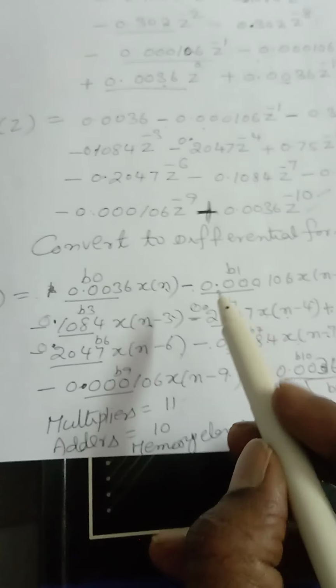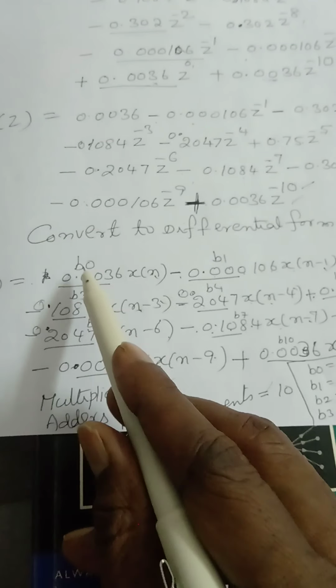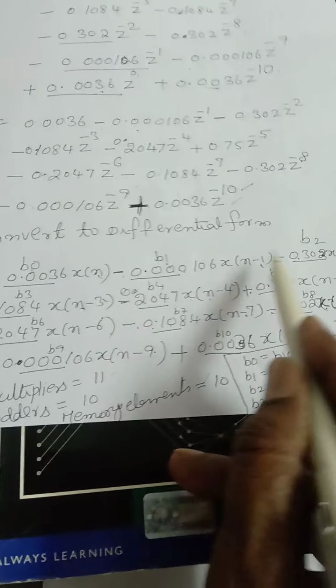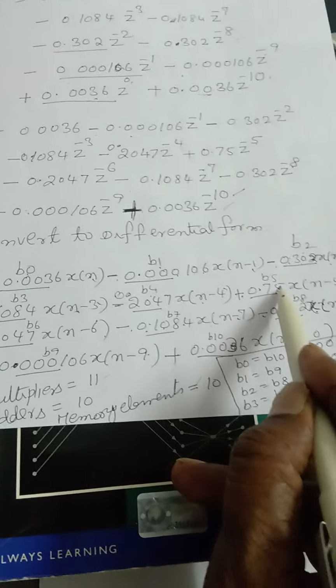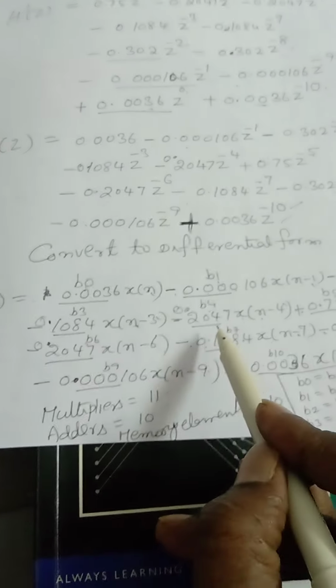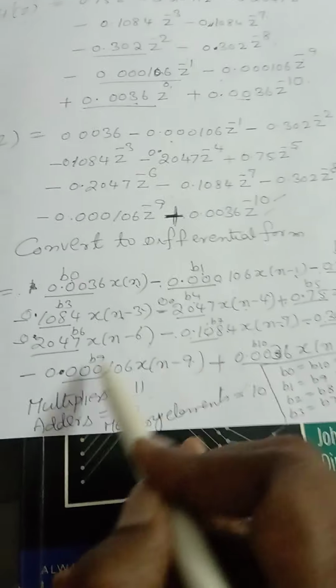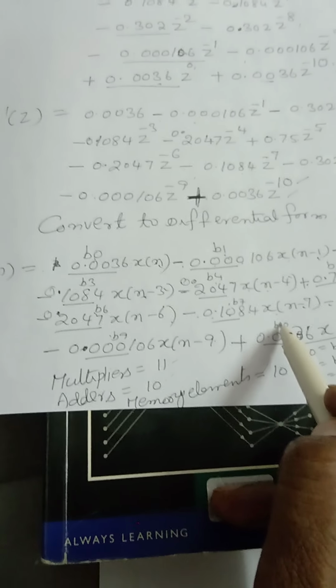Now please observe here, this is B0, B1, B2, B3, B4, B5, B6, B7, B8, B9 and B10. Therefore, the total number of filter coefficients is equal to 11 because N is equal to 11.